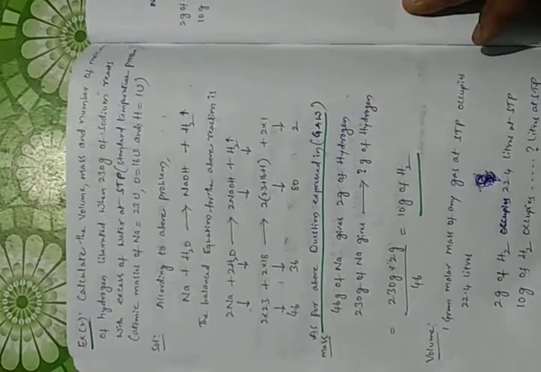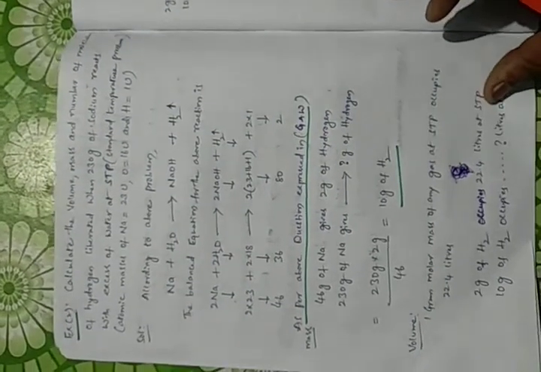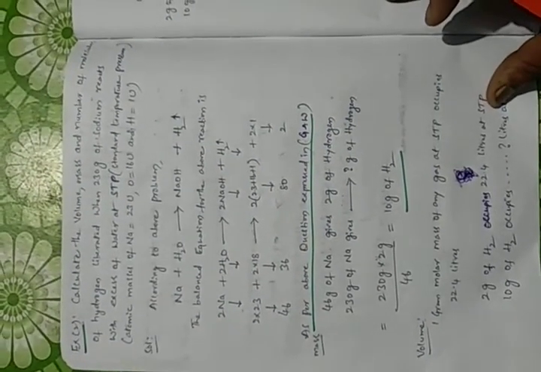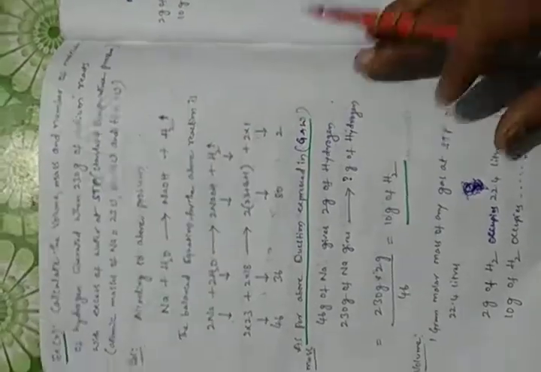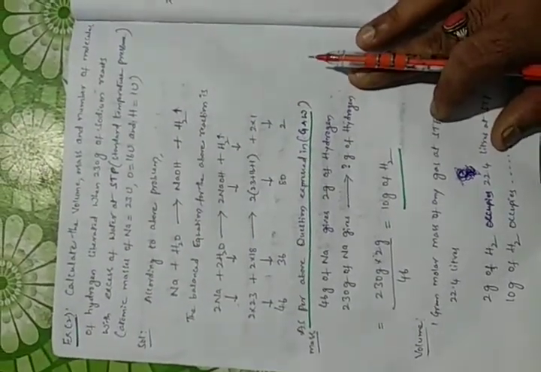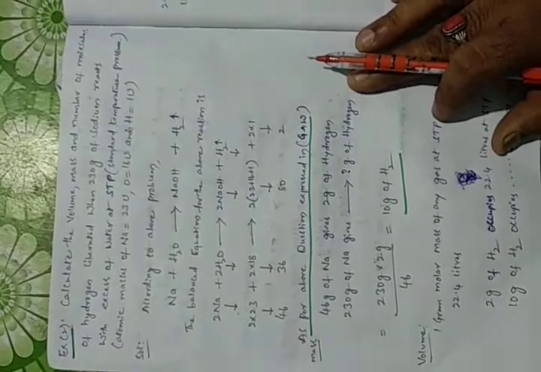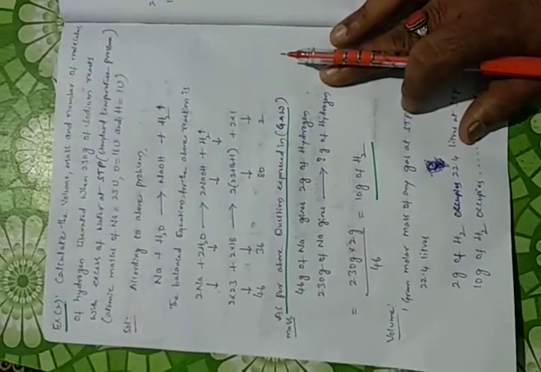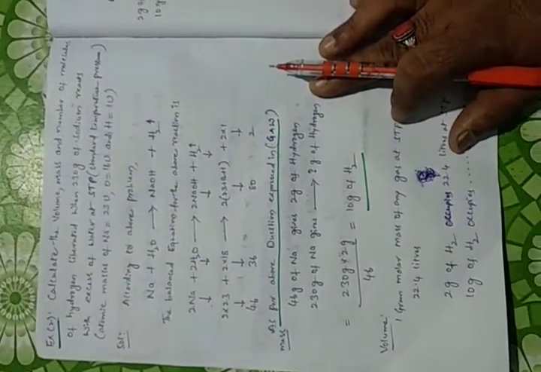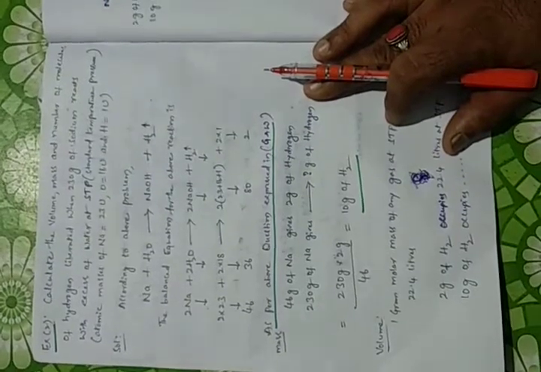Moving to the second example: calculate the volume, mass, and number of molecules of hydrogen liberated when 230 grams of sodium reacts with excess of water at STP, standard temperature and pressure.